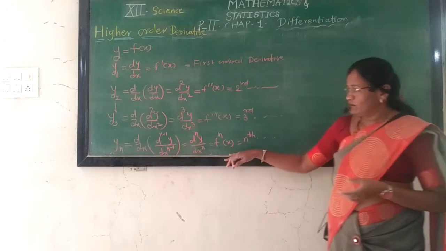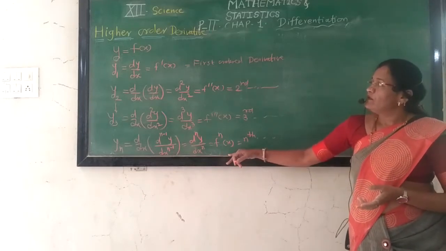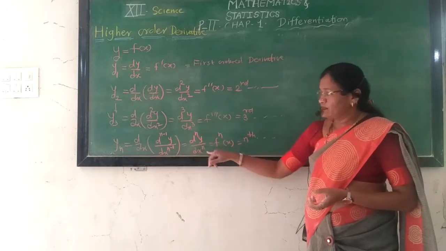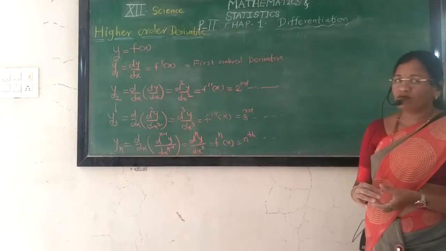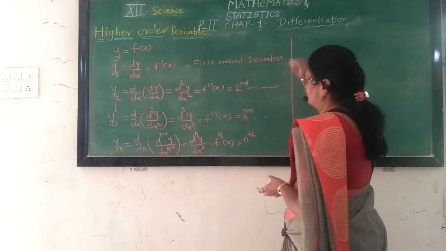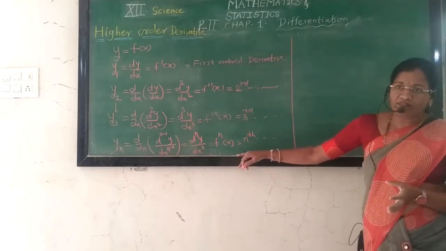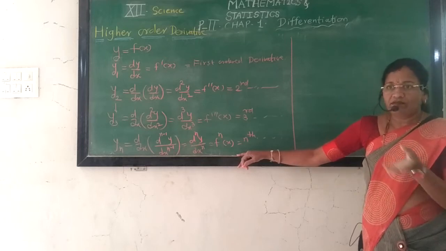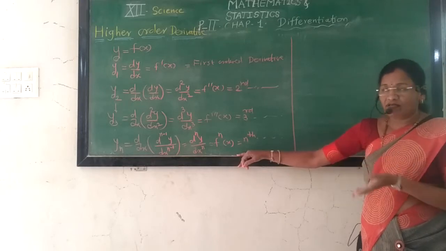This topic, nth order derivative, was in your syllabus up to the previous year. It was discarded from the syllabus, but now in the new syllabus the nth order derivative is included, and we take the nth order derivative by using some common properties of the function. Suppose we have to find the derivative of x raised to n up to nth order, meaning yn.